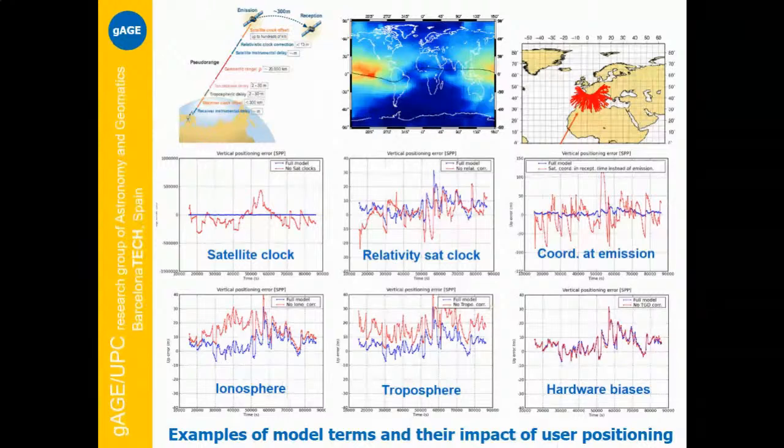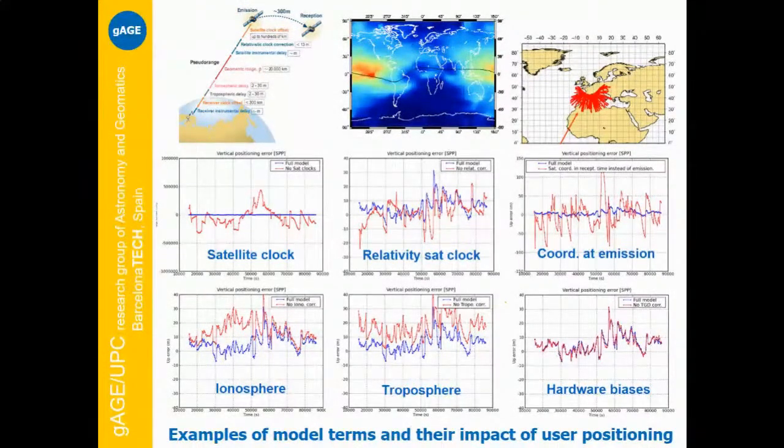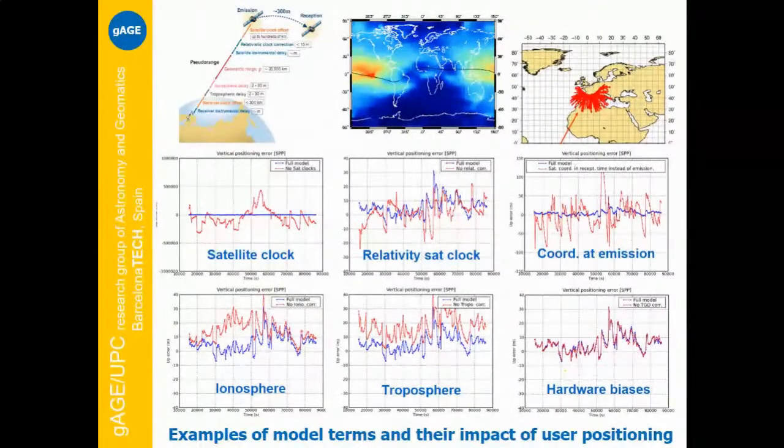We have also errors due to relativistic effects. We have to be careful to compute the satellite coordinates at the emission time, because the satellites are moving at a few kilometers per second, and the signal takes some time between the emission and the reception, so we have to take into account that the satellite is moving.